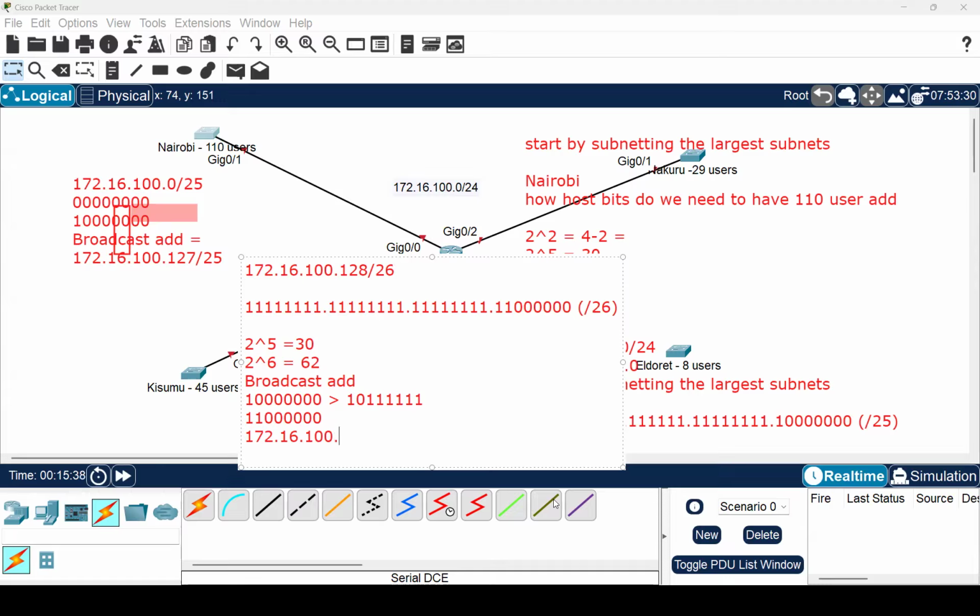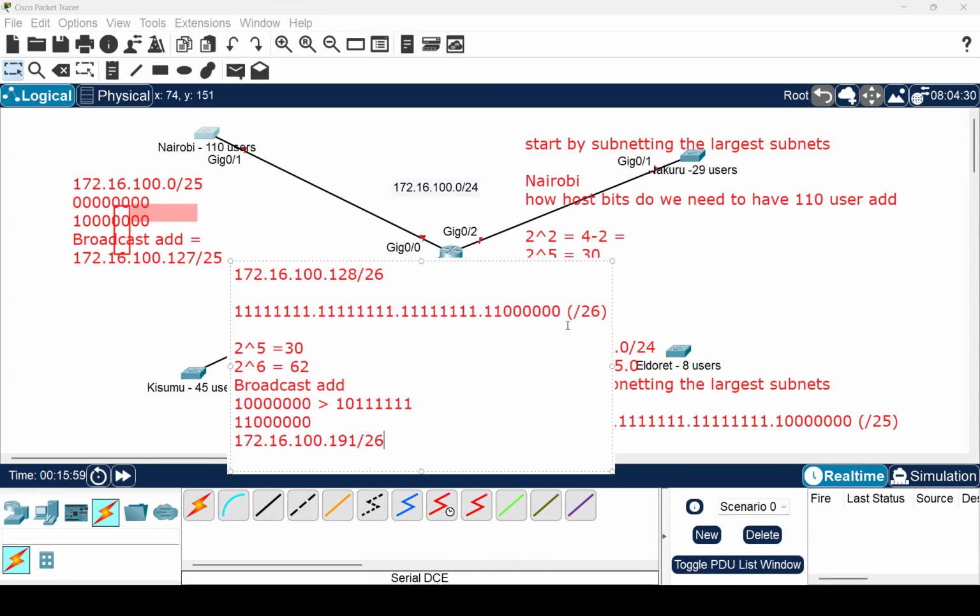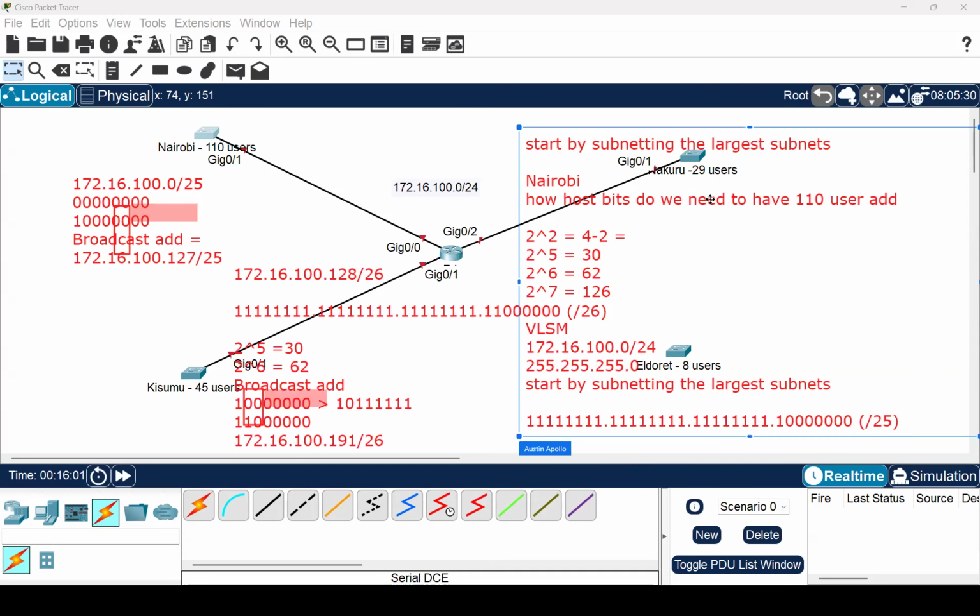Anybody who has already done that? 64 minus 1, 191. That will be the broadcast, and it is /26. Now you see it is not uniform like with the FLSM.